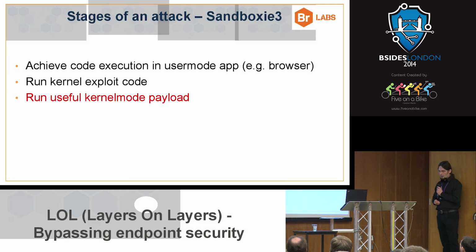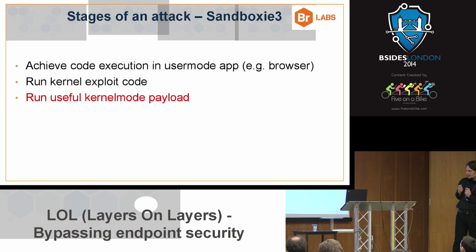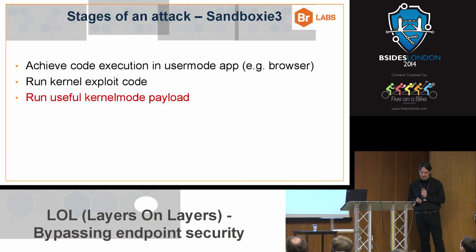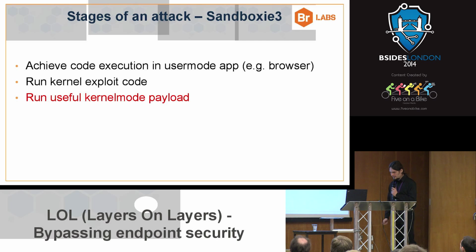Sandboxie version 3, an older one, happens to be more interesting. I would say it was not designed with protecting against kernel exploits in mind, but it happens to offer some resistance. And this time, this latest stage of the execution is targeted: running a useful kernel exploit.